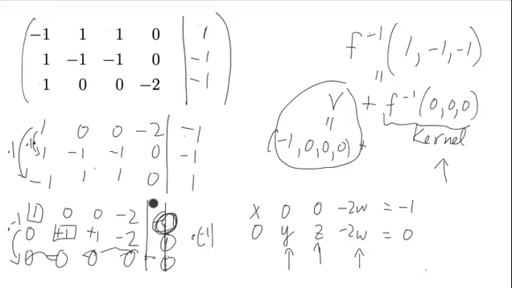Since linear transformations always send 0 to 0, let's get a picture of what's happening. We have our row operation, we have our f, and the column operations.